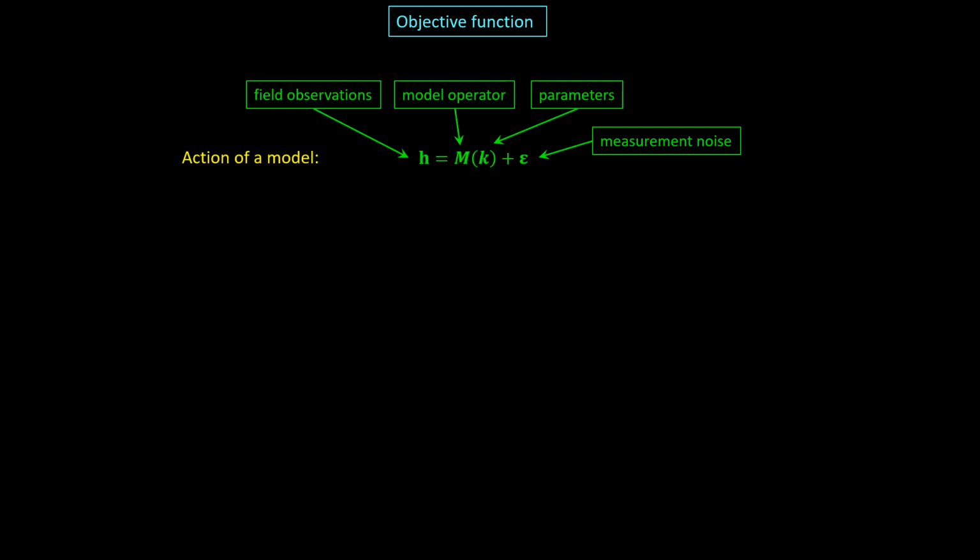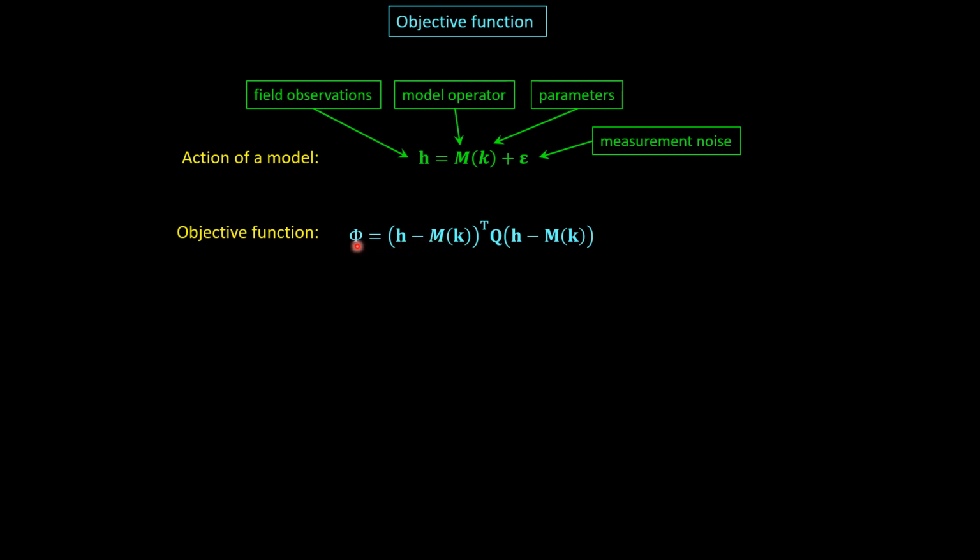Now, when we're working in a highly parameterized world, we normally try to achieve goodness of fit by minimizing a least squares objective function. So here's the objective function that we minimize. This term in brackets is the difference between what we observe and model outputs. This is called a residual, or the vector of residuals.